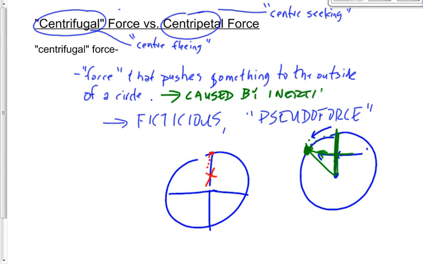Your inertia taking you in a straight line in combination with the centripetal force pushing in. Remember, anytime you have a force acting in one direction, you always have a pseudo force, a force that you feel but doesn't really exist, acting in the opposite direction.